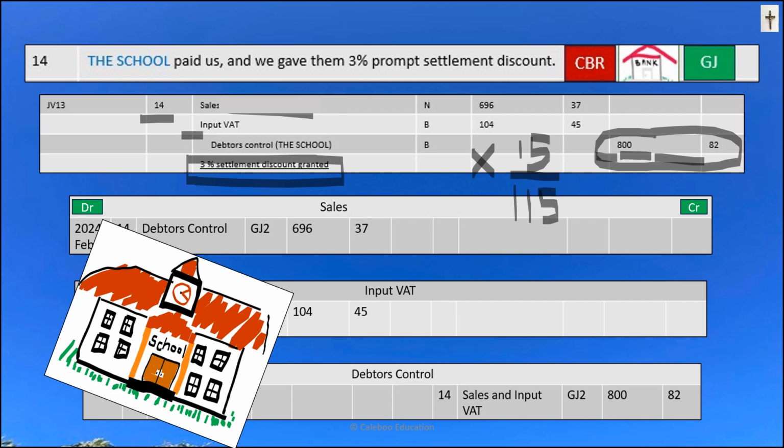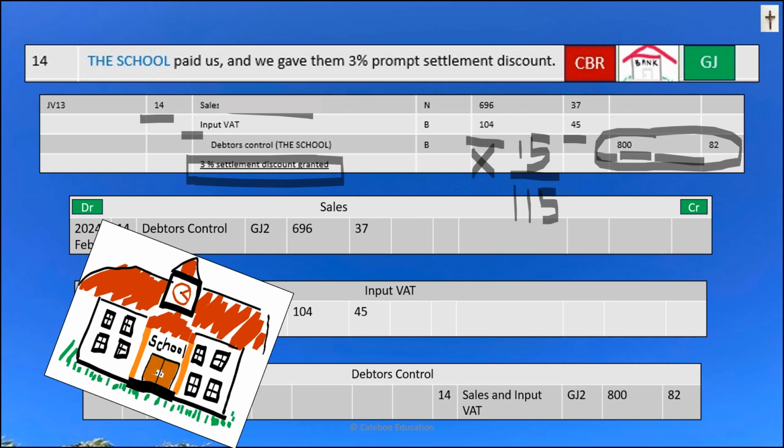So multiply by 15 over 115, and it will give us the VAT amount, 104.45.